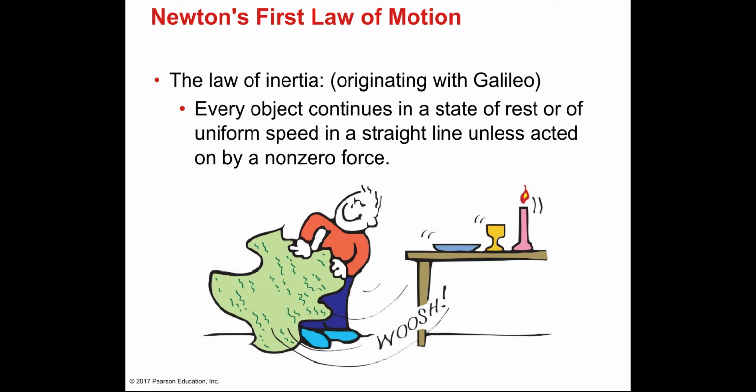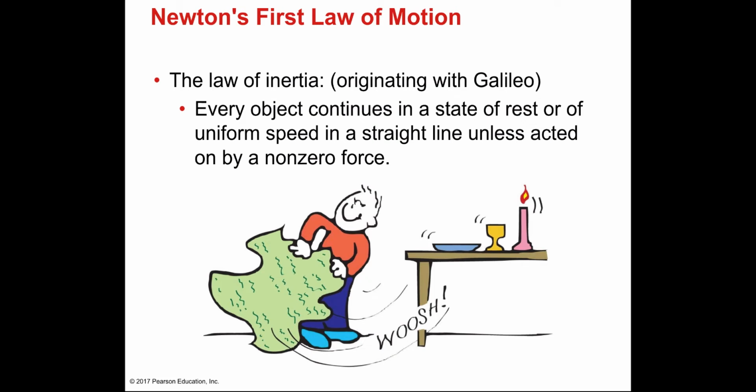So, according to Galileo, every object will continue in a state of rest or uniform speed in a straight line unless acted upon by a non-zero force. What does that mean?